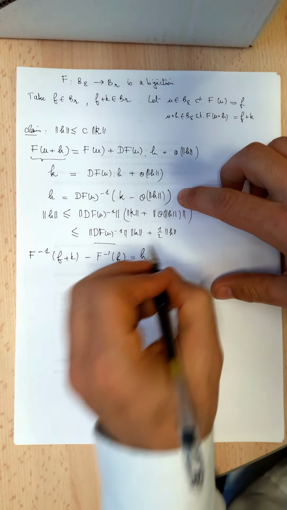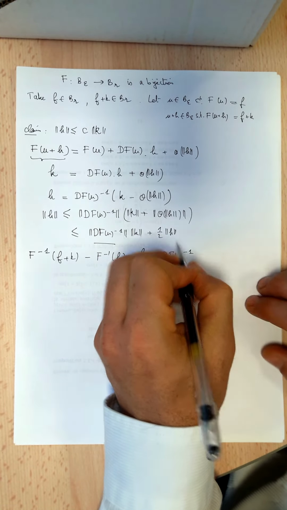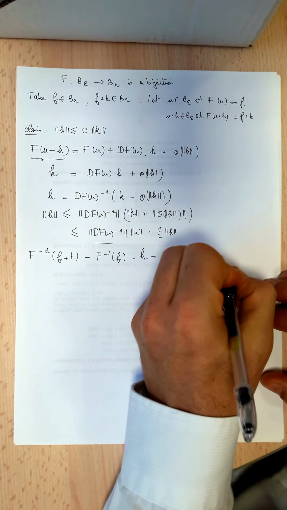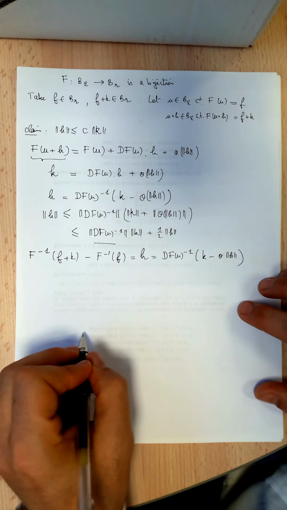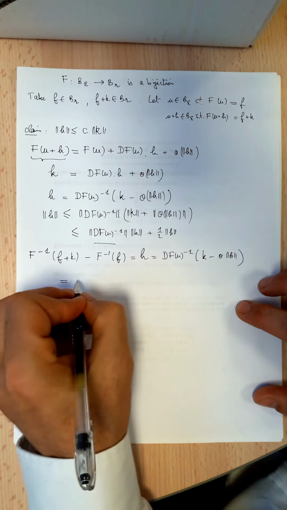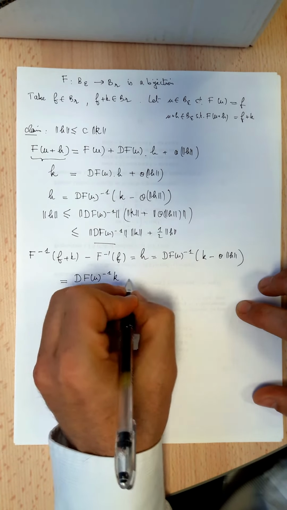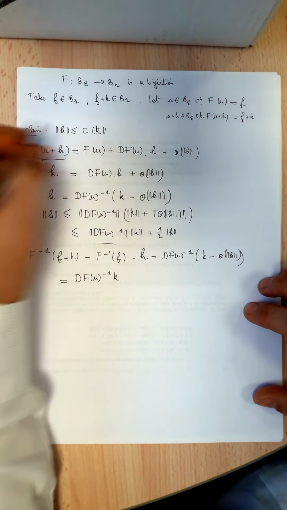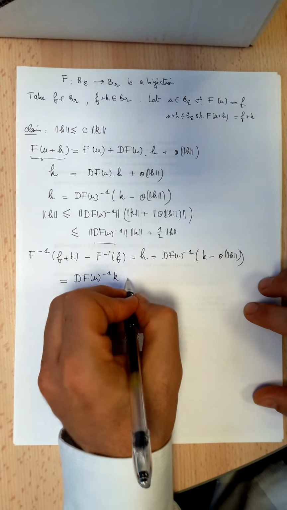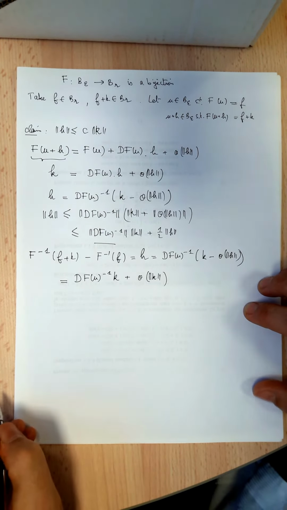We wrote it here, it is the inverse of df of u applied to k minus small o of norm of h. So in other words, this whole thing is equal to df of u inverse times k, and then a small o of norm of h, but since h is controlled by k, it's also a small o of norm of k.